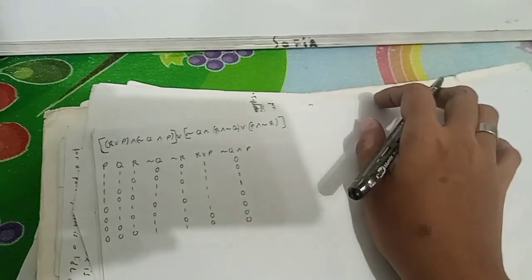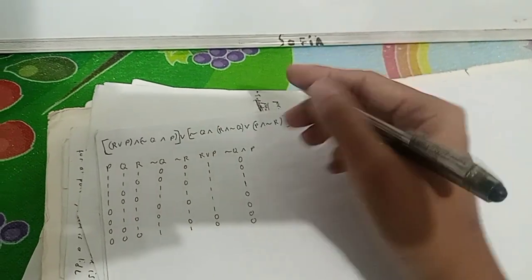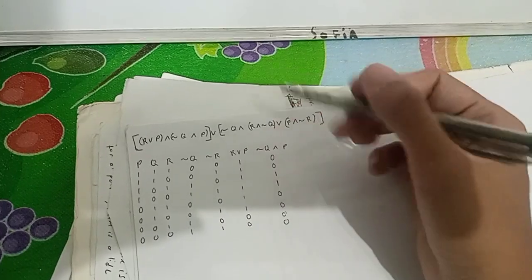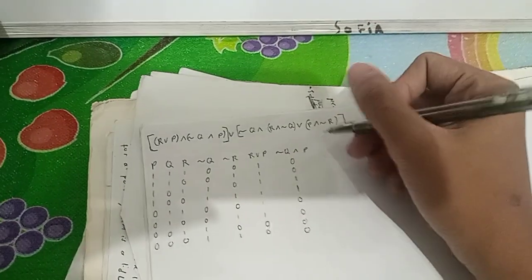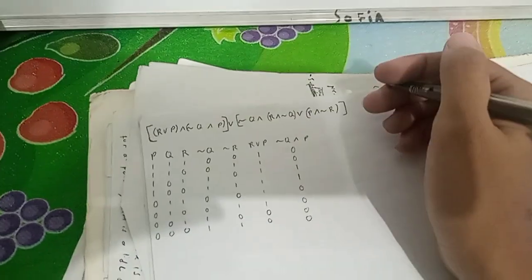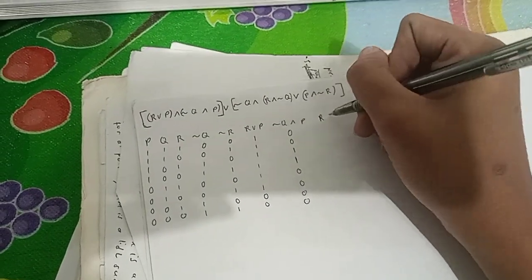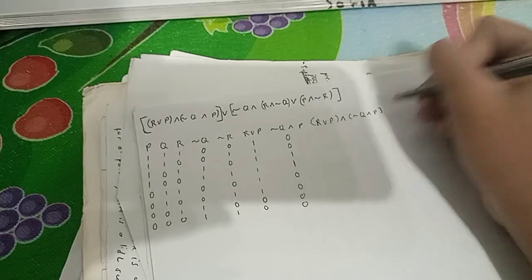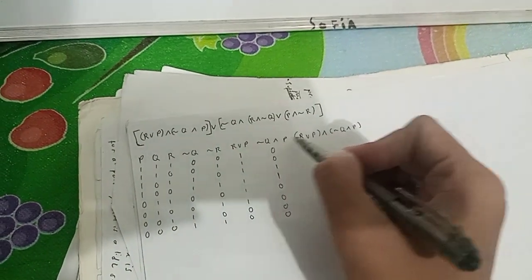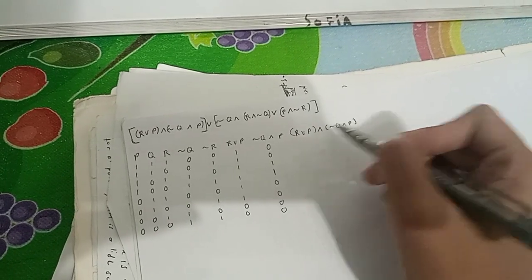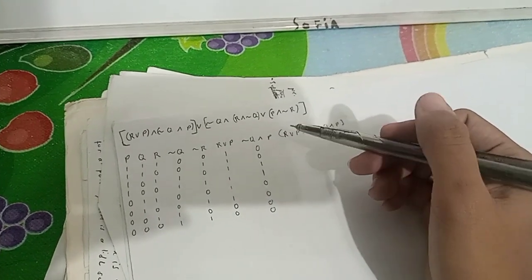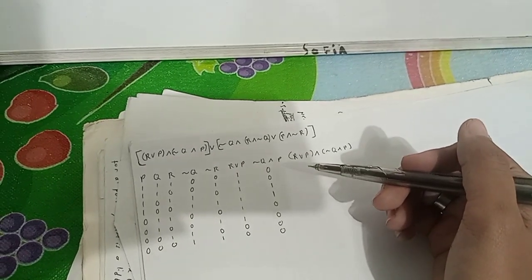Then next, let's compare these two. Their sign is AND. So we first will write the complete part of this. It will be R or P and negation of Q. To get that, we will look at the R or P and the negation of Q and P. Since the sign is AND, they should both have ones to get a 1.